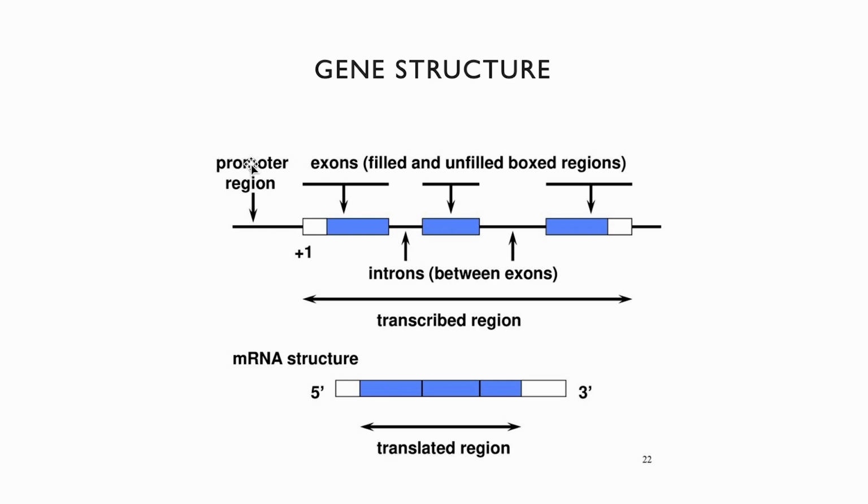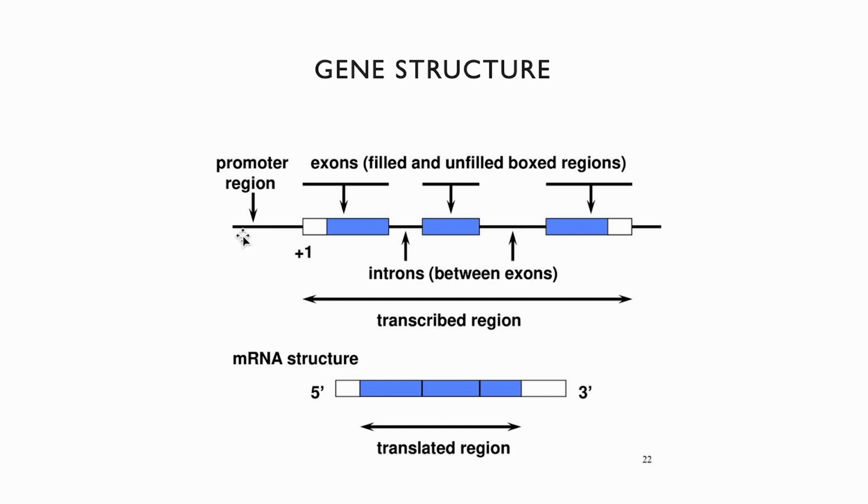regulate gene expression. For example, the regulatory sequences, or a region called the terminator. So, if you want to start the transcription of this gene, what you normally do is bind a transcription factor, which is a molecule, to the promoter, and that will initiate the transcription of this region of the DNA that is transcribed.